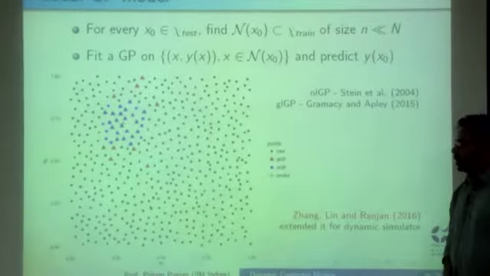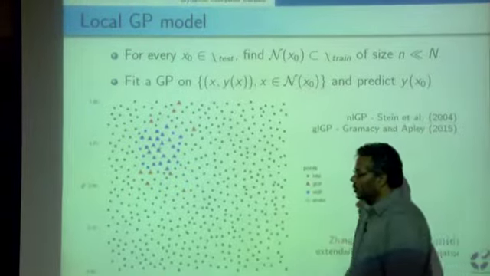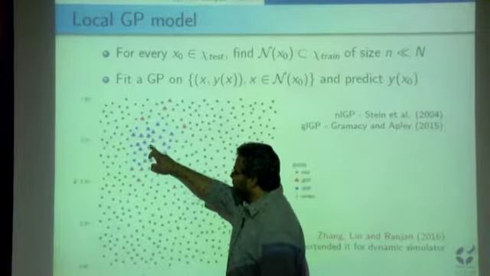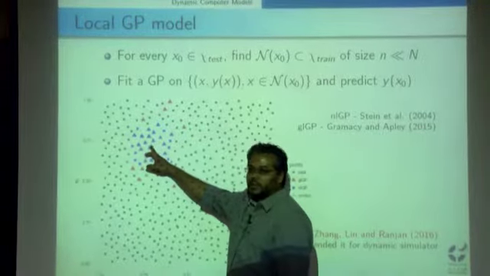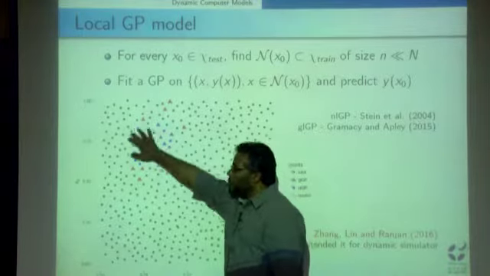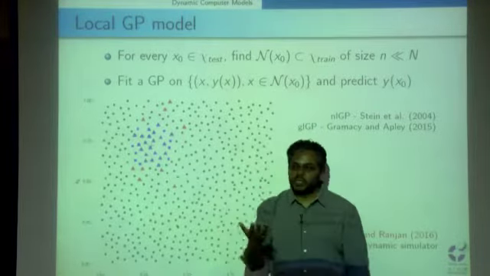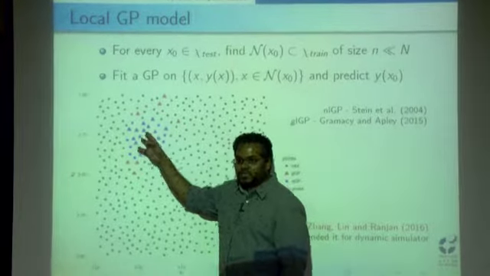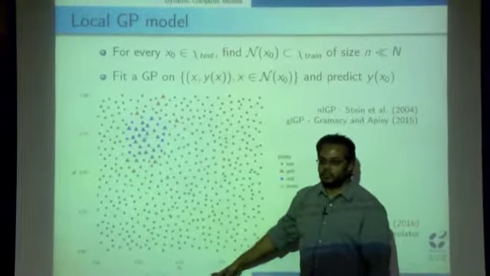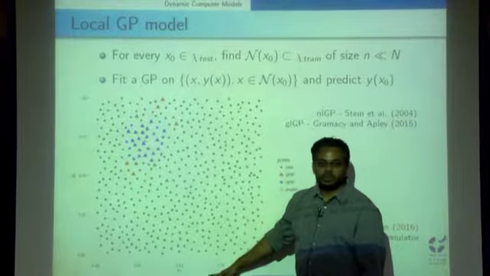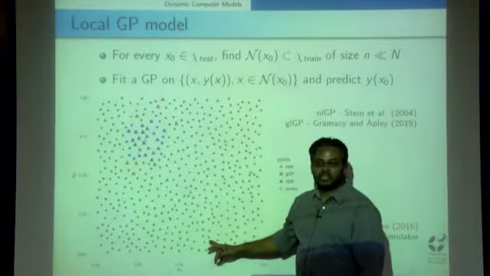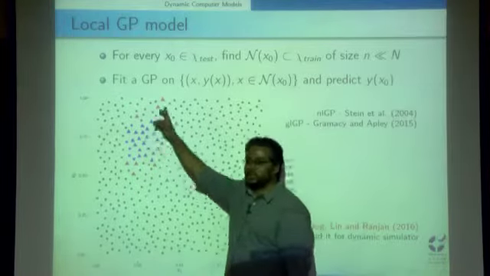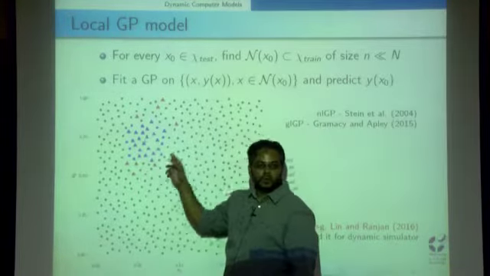Okay. So, the idea is that if I want a prediction, let's say at this cross, then the neighborhood points must have a bigger say in what my function value should be at this point as compared to a point which is here. This point will have much less influence on the function value as compared to the neighborhood points.